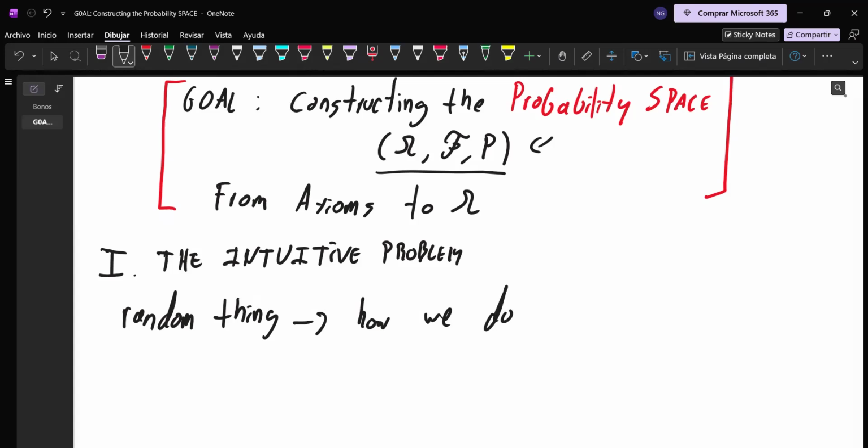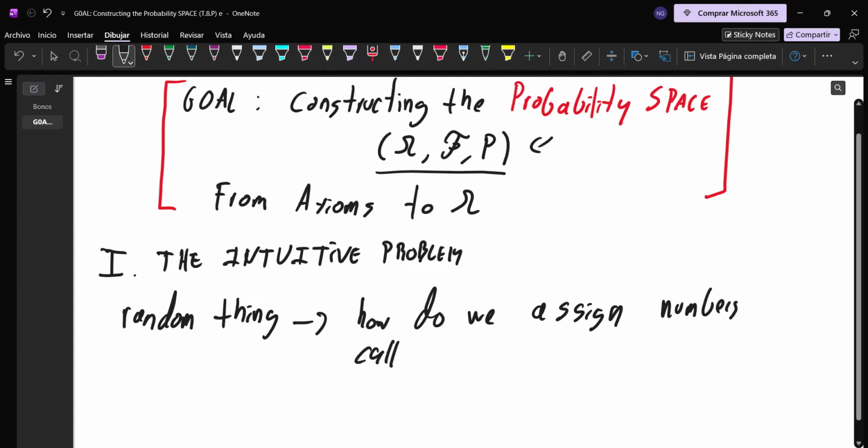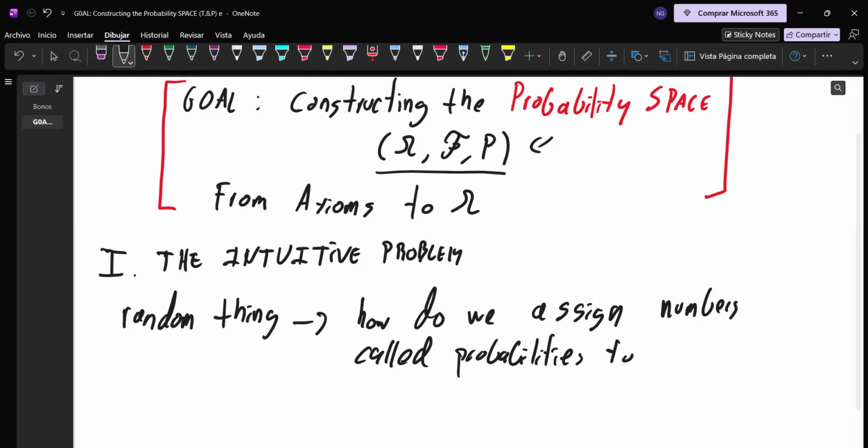How do we assign numbers, and these numbers are called probabilities, to these events? This is the question.